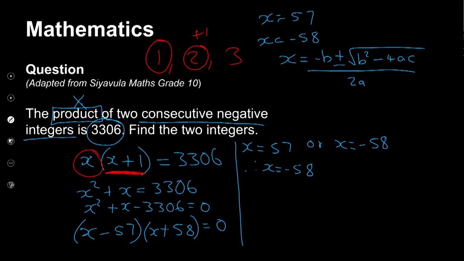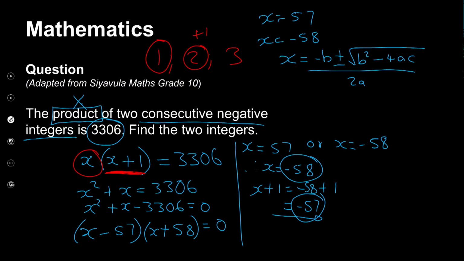Now, the consecutive number to this will be x plus 1, which is the same as negative 58 plus 1, which equals negative 57. So my answers are negative 58 and negative 57. And you know on the number line, they do follow each other.